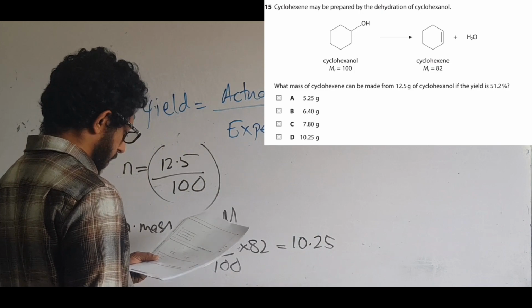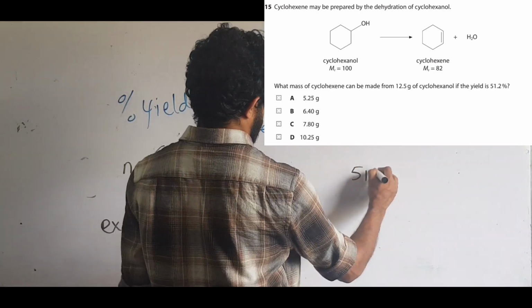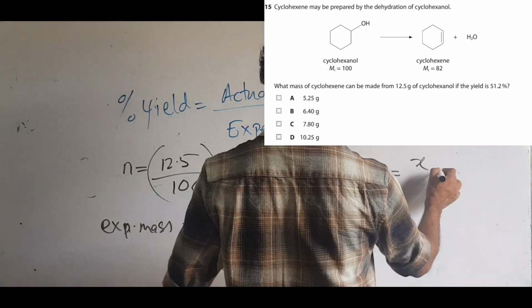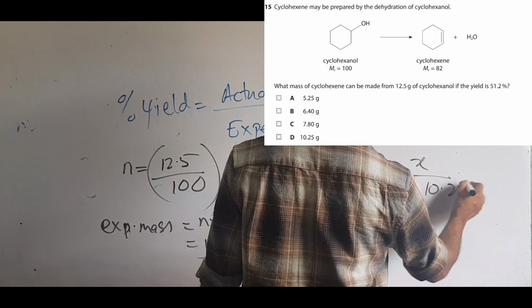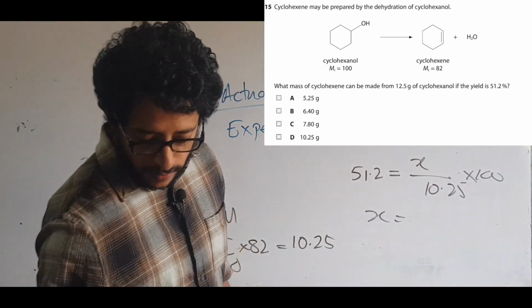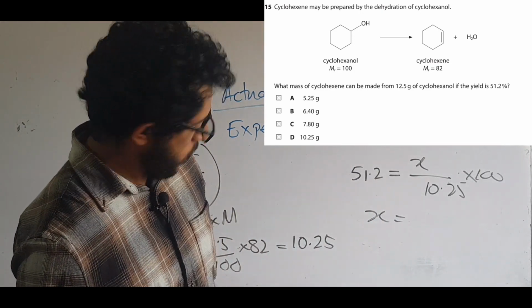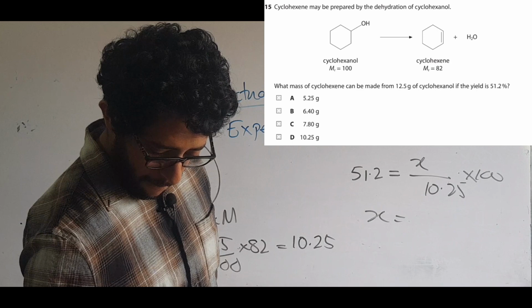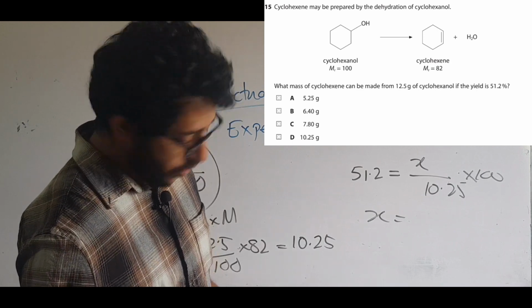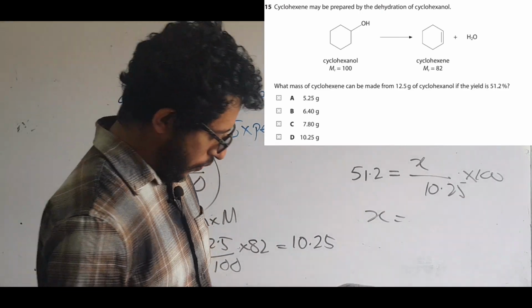The actual mass can be made. So percentage yield is given, which is 51.2. That is the actual value, they are asking X. Expected one is 10.25 into 100. So in this case X would be 51.2 into 10.25 over 100, which is 5.248.